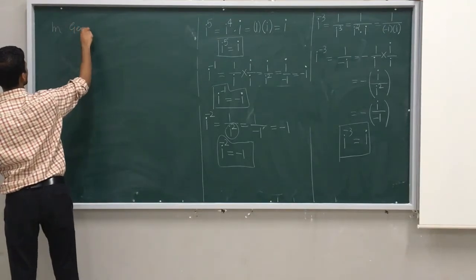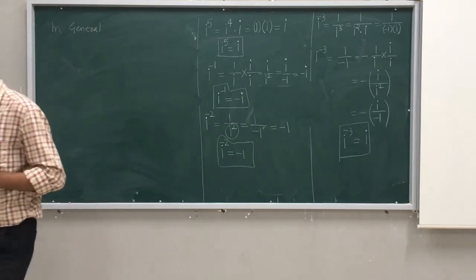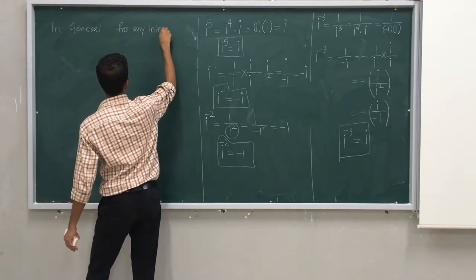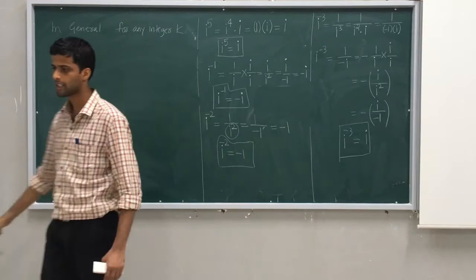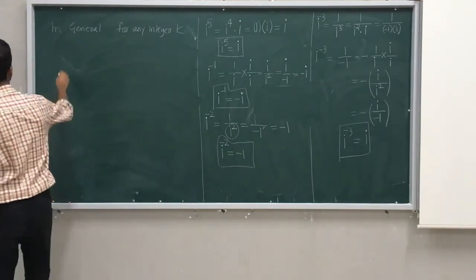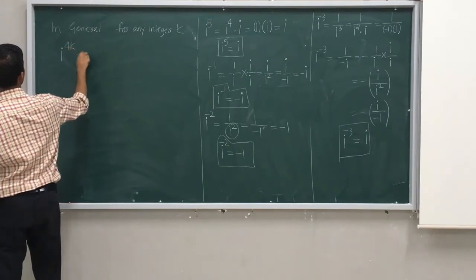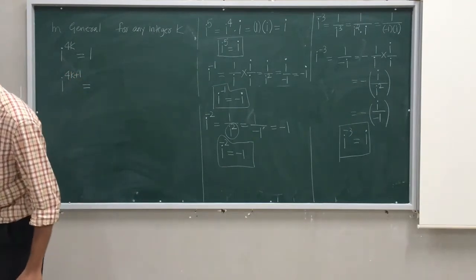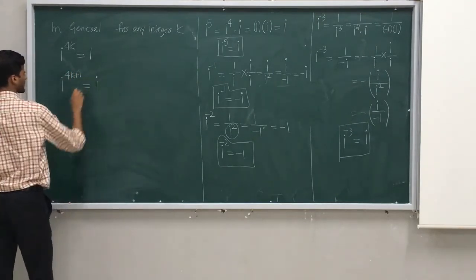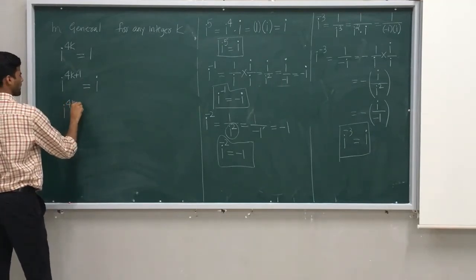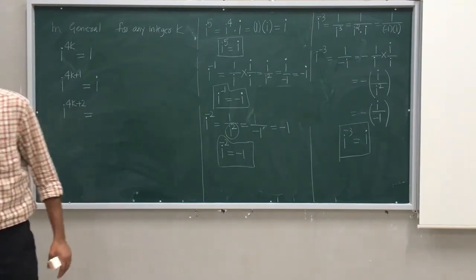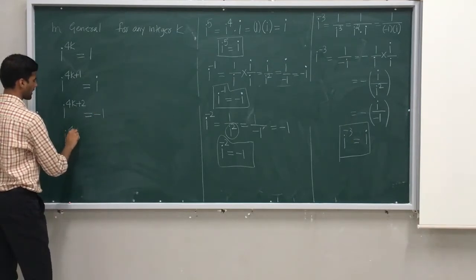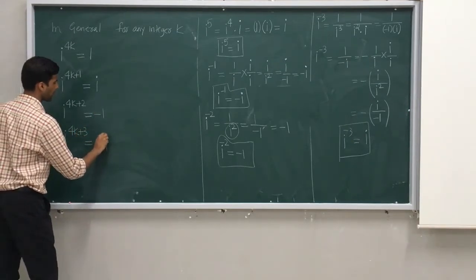In general, for any integer k, i power 4k is 1, i power 4k plus 1 is equal to plus i, i power 4k plus 2 is equal to minus 1, and i power 4k plus 3 is equal to minus i.